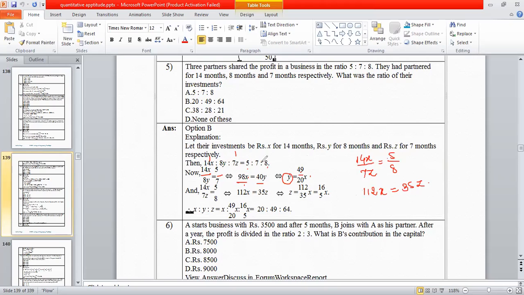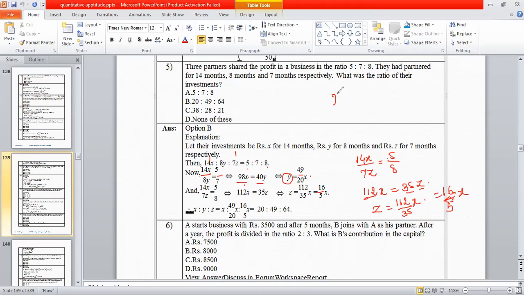Okay, so here 112x is equal to 35z. So what will be the value of z? Z will be 112 divided by 35x. Okay, so after simplification you would get 16 by 5 into x.